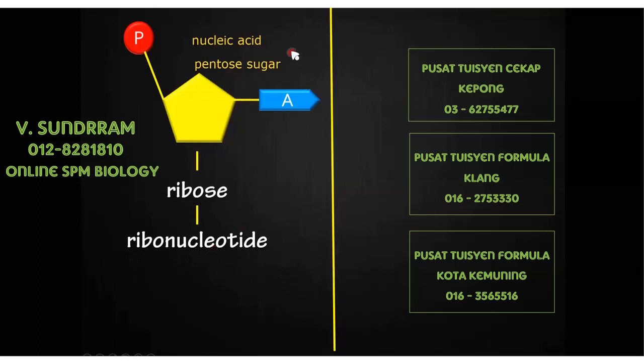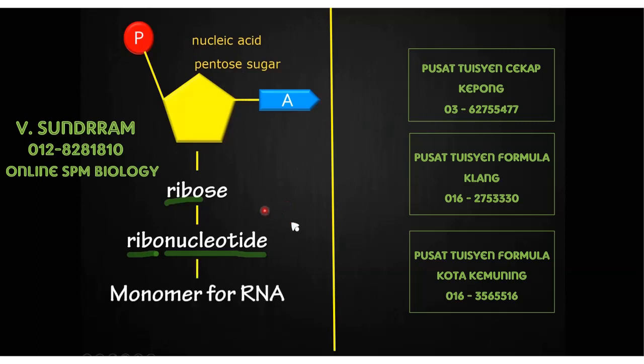You maintain the name nucleotide, but you make it specific by adding the name of the sugar at the front, it becomes ribonucleotide. We use ribonucleotide to make RNA, meaning ribonucleotide is the monomer for RNA.